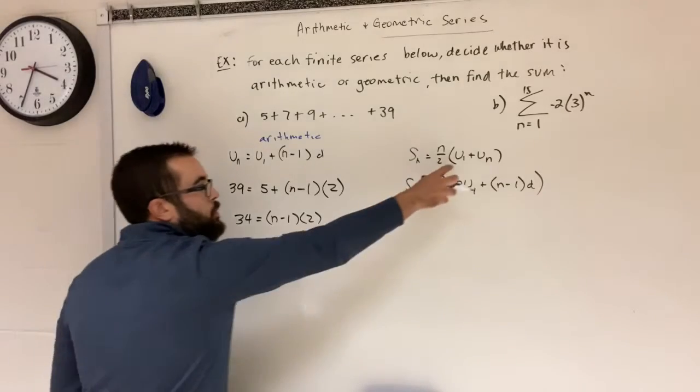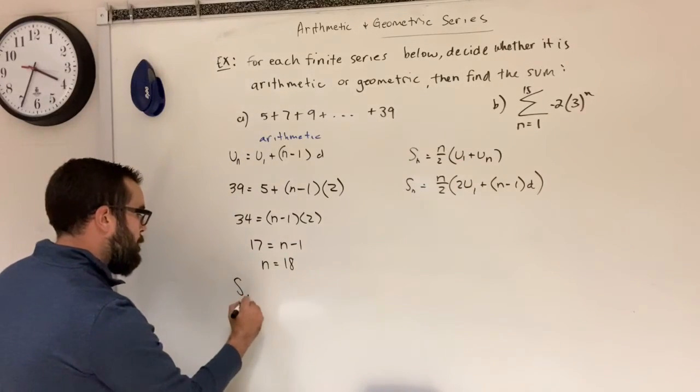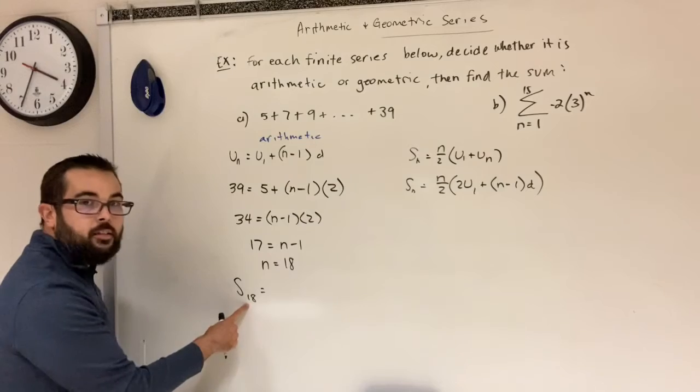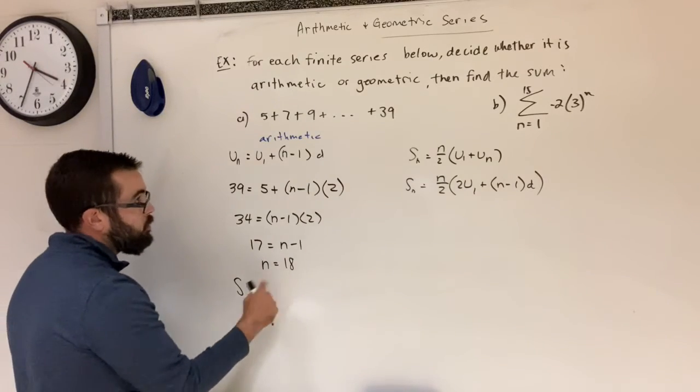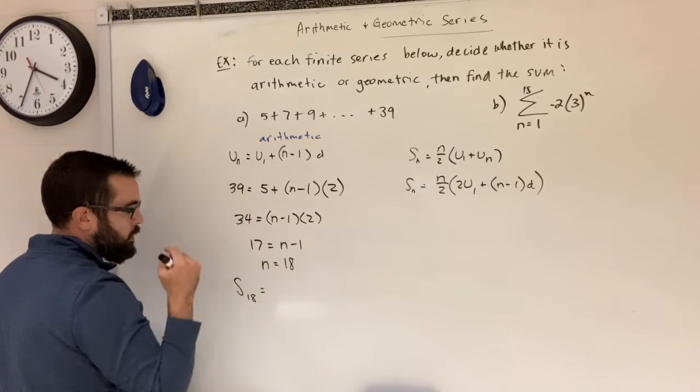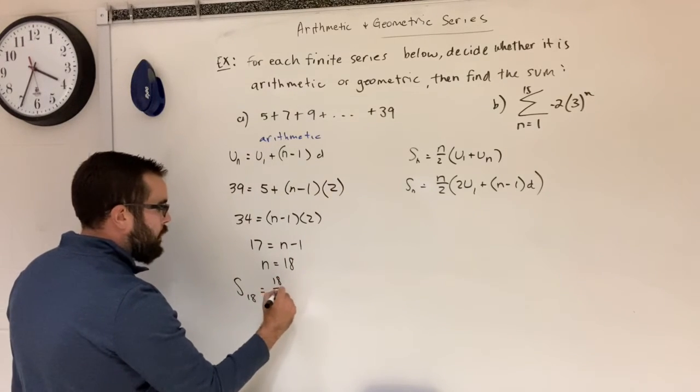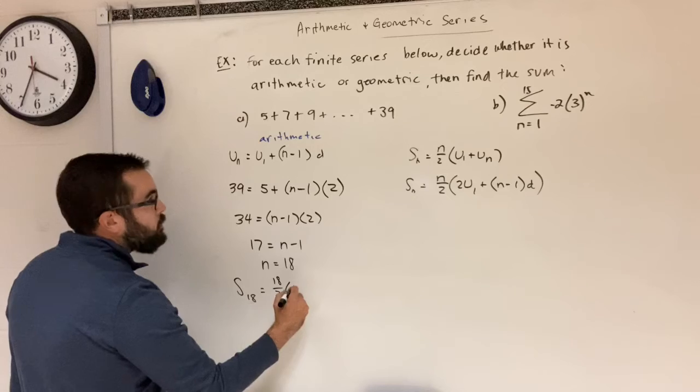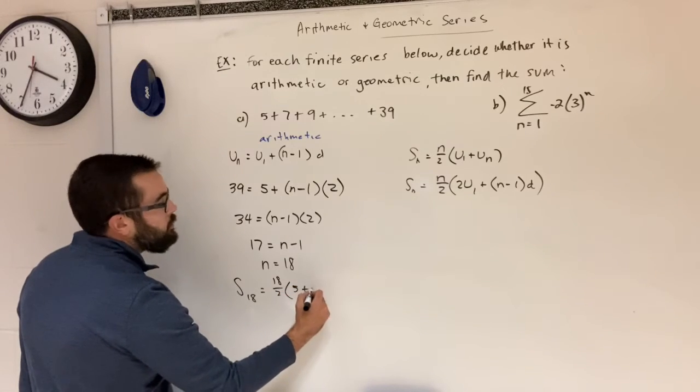So I'm going to go ahead and use this first one. So I need to find the sum of the 18 terms. There's only 18 terms in this finite series. So we'd have 18 divided by 2 times 5 plus 39.